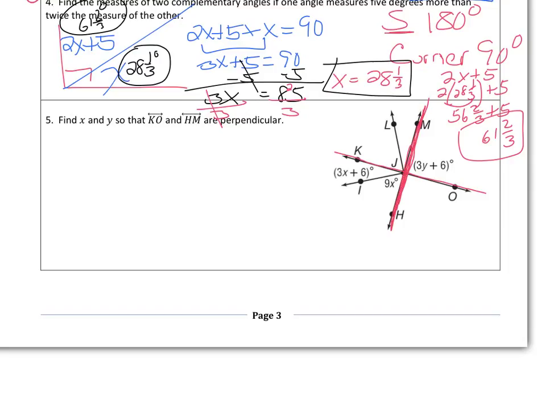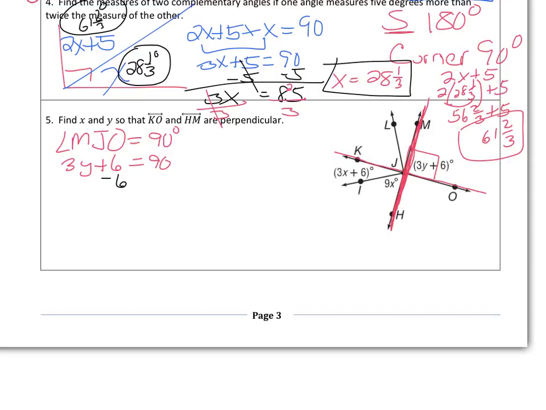That would suggest that this angle here would have to be right. So this expression, well, we might as well use the letters, angle MJO. We want its measure to equal 90 degrees. So let's substitute in 3y plus 6 equals 90.